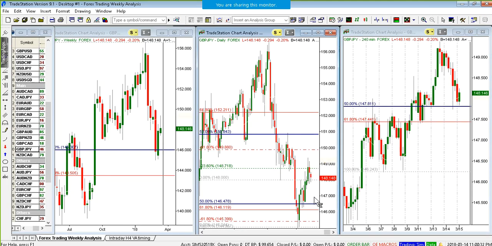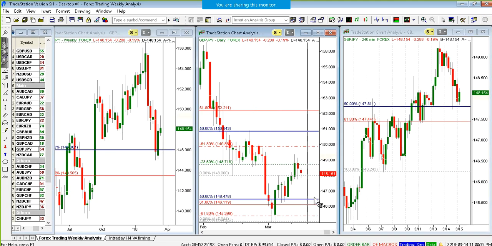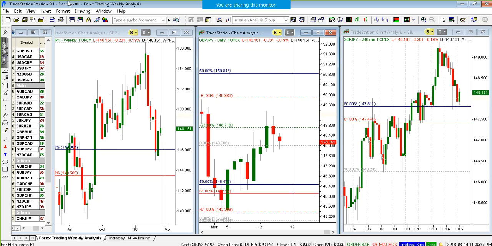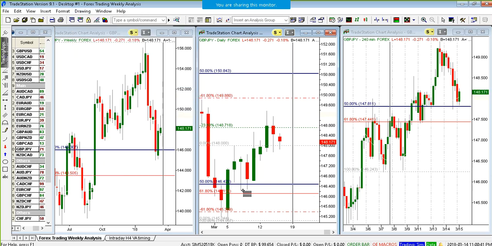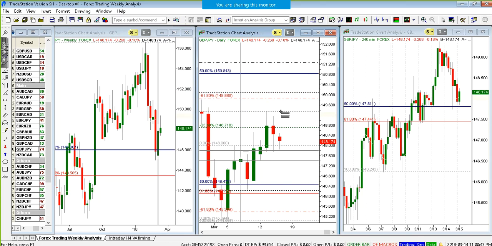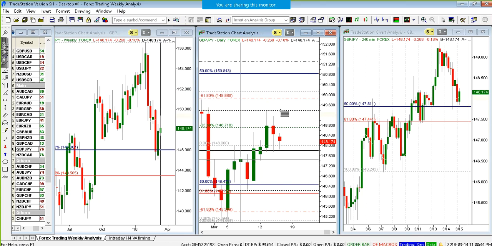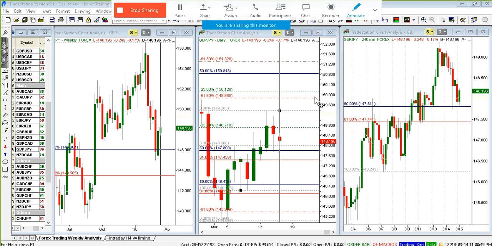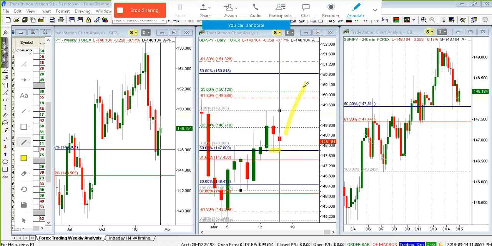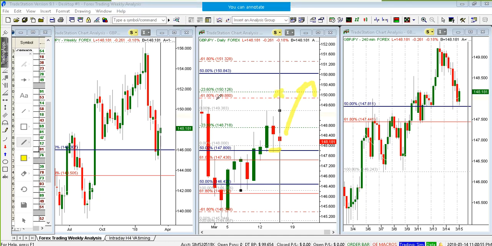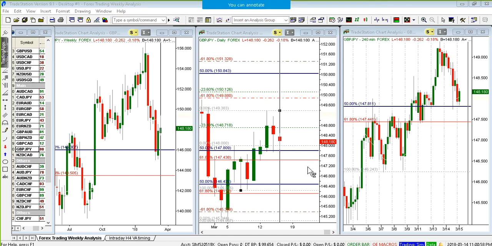Now the 50% here is the next measured move. When we trace this from lows to highs, we can see that this measured move here has traded successfully, and it's showing the potential for a continuation higher into the next target, which is 150.12.